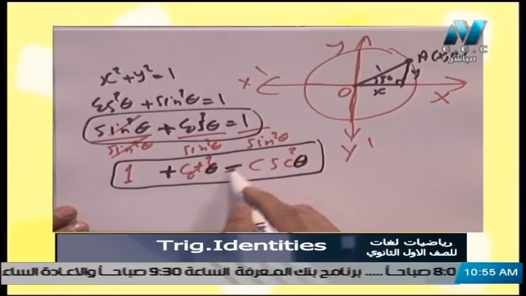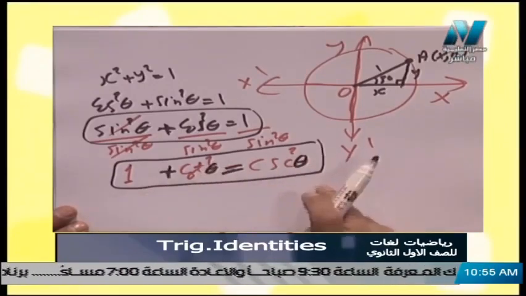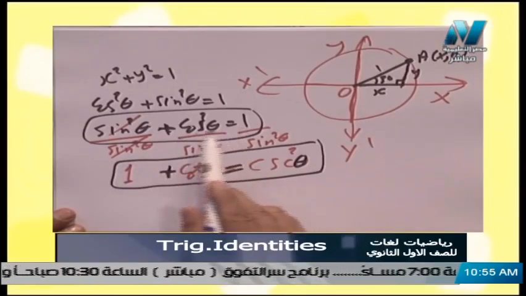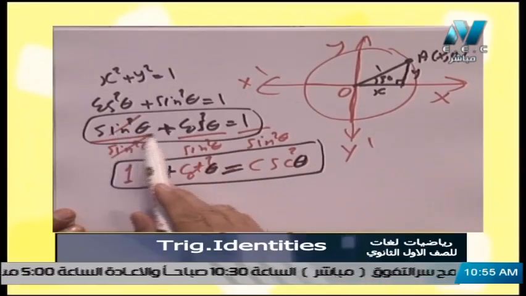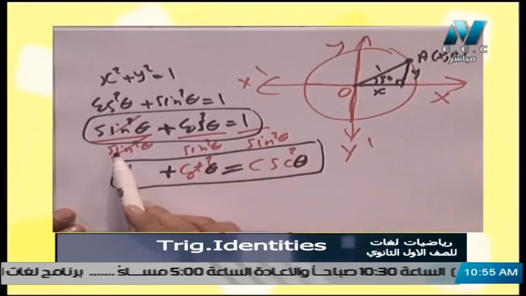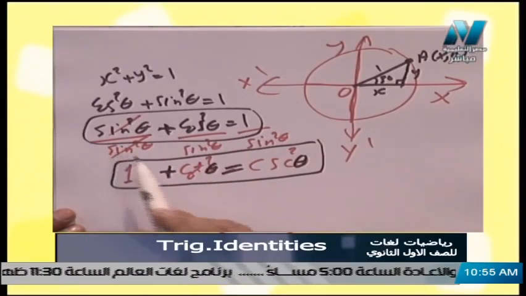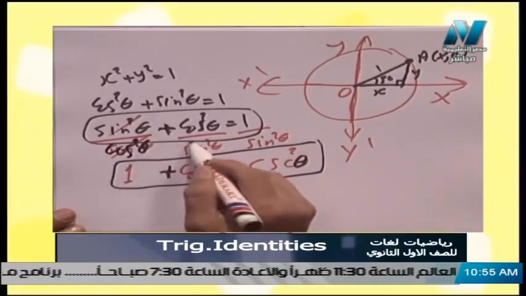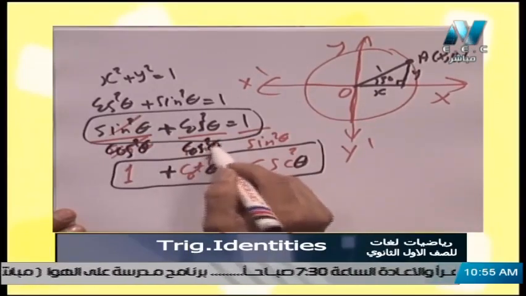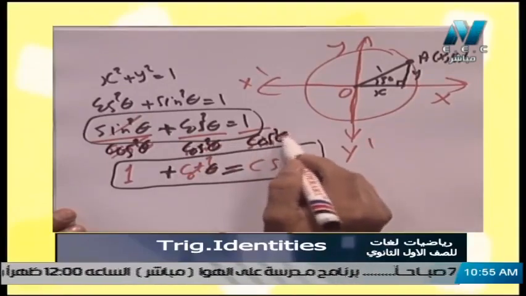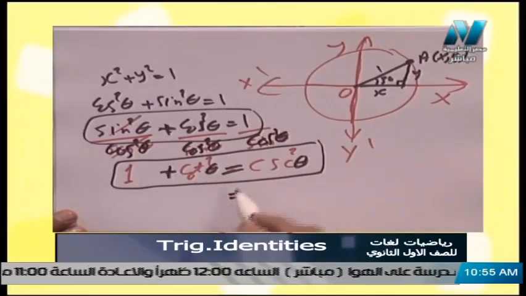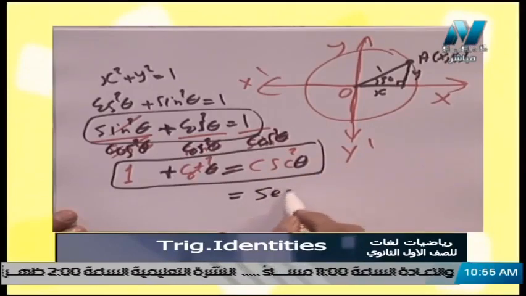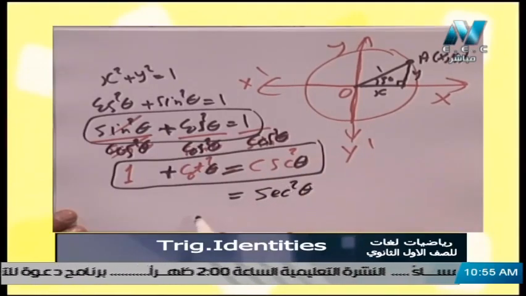Remember carefully and pay attention to this rule. Also, if we divide all parts of this identity by cosine power 2 theta, the answer will be 1 over cosine power 2 theta, of course, which will be sec power 2 theta.